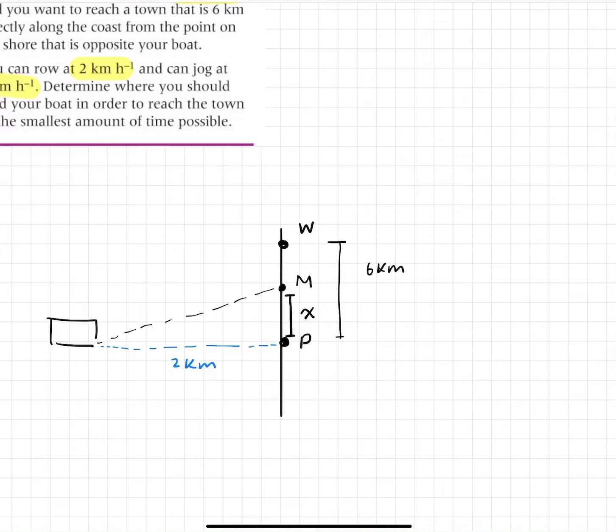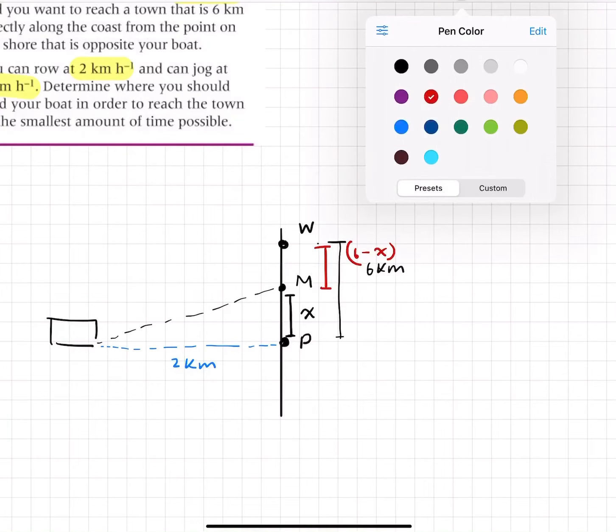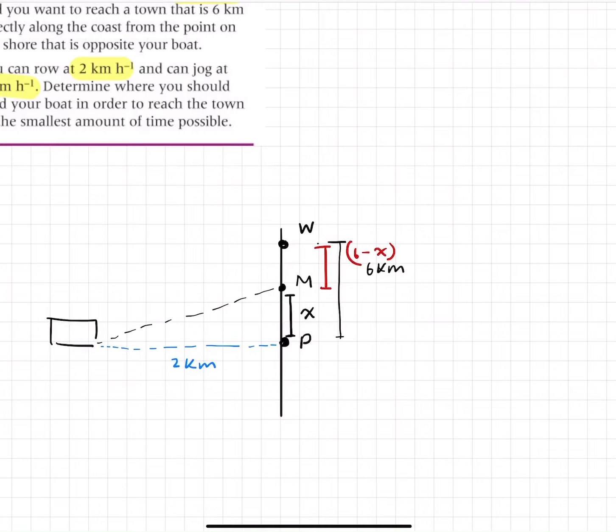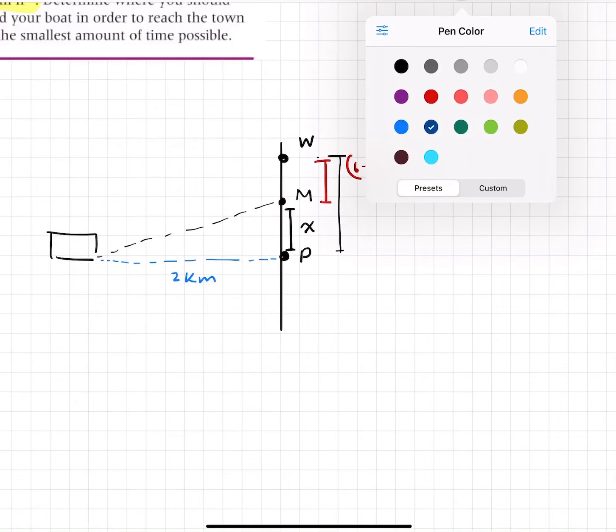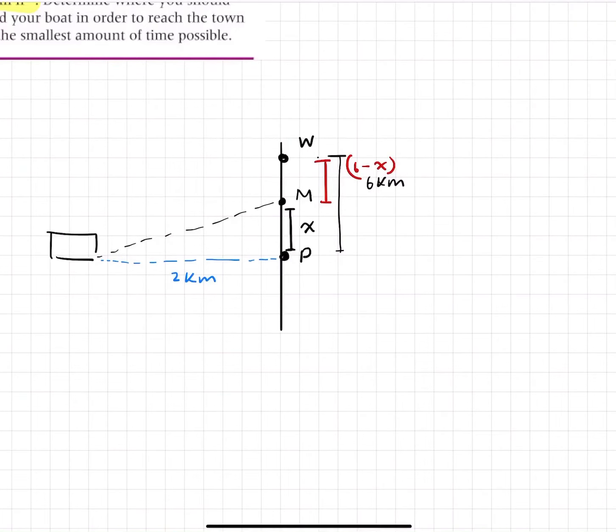So this distance, I'll say in red, then becomes 6 minus x. And we know that this is a triangle, so the hypotenuse by Pythagoras' theorem is just the square root of 4 plus x squared.